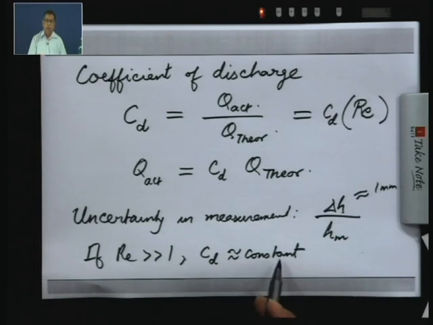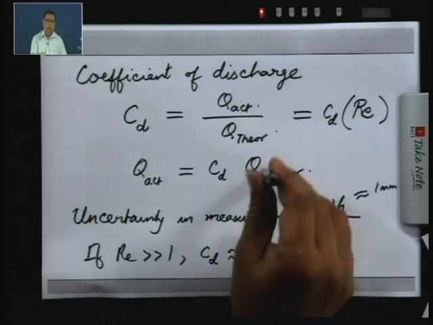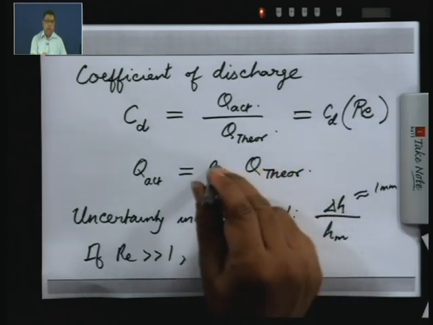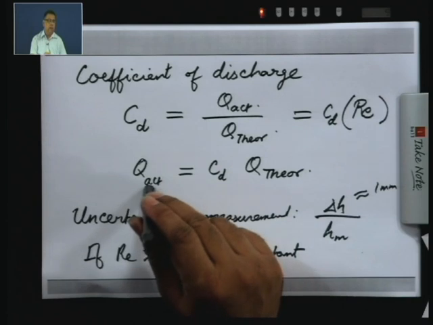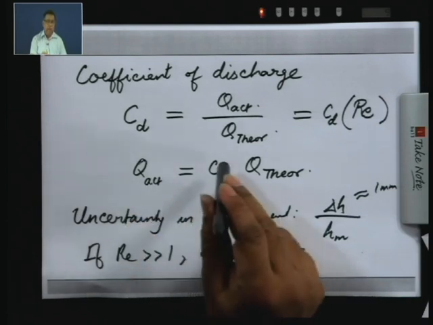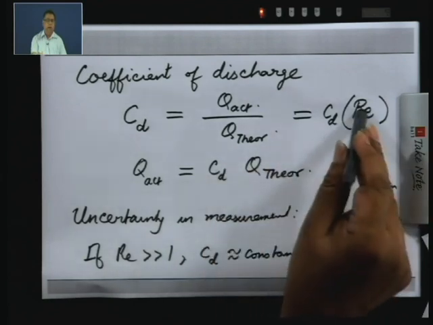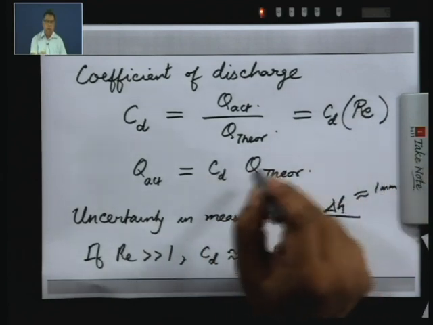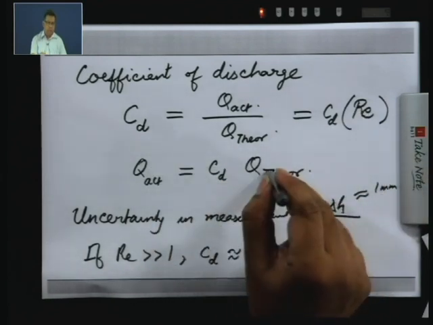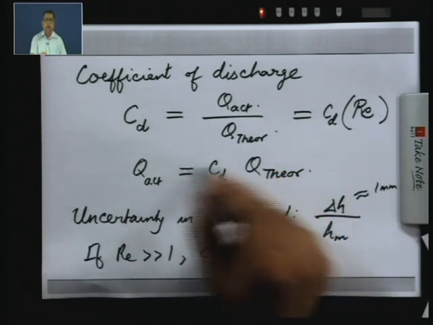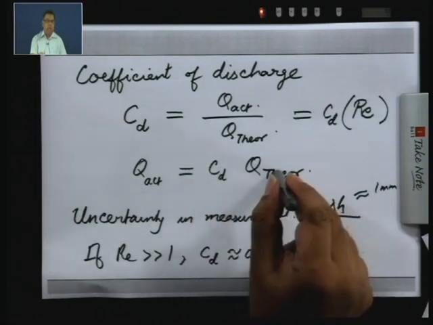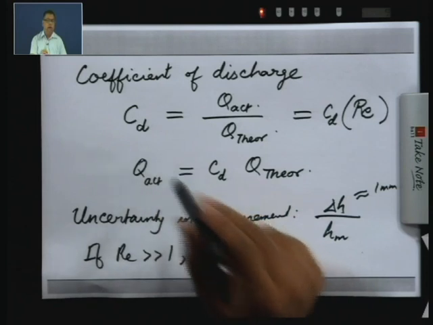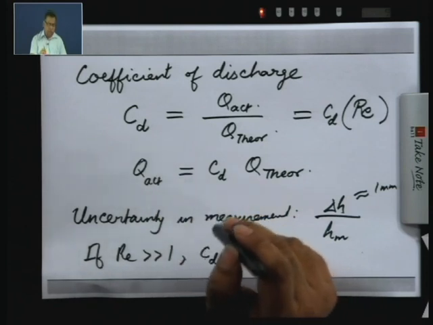So, if you know the value of the constant through your calibration experiments, then you can simply multiply this Q theoretical by that constant value and get the Q actual. On the other hand, if the Reynolds number is not too large, then C_D will be a function of Re, and Re will depend on the flow rate. So, although you have one equation, it is a nonlinear equation, and you may need to use iterations to find out what is the Q actual. So, with this I will stop.